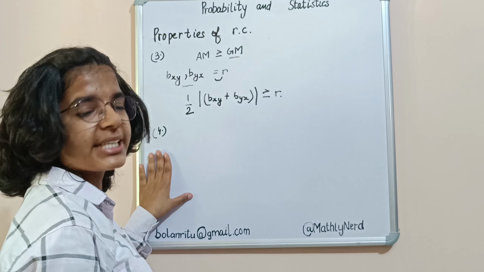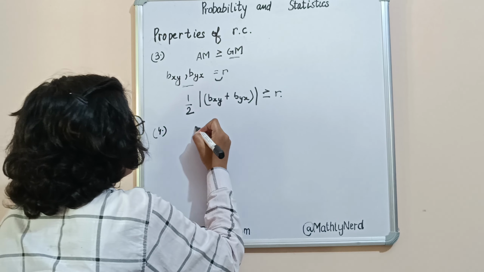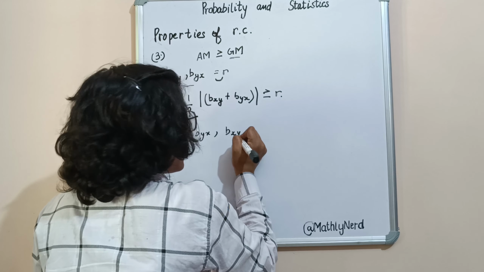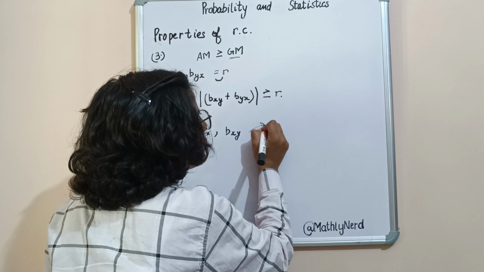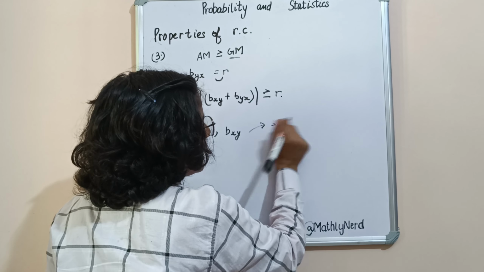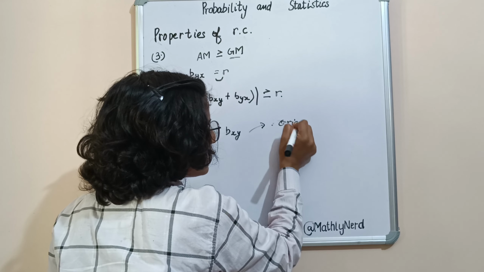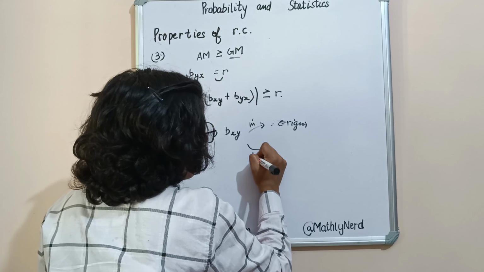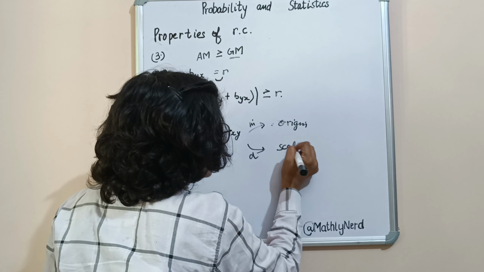The fourth property is that byx and bxy are independent of change in origin but dependent on change in scale.